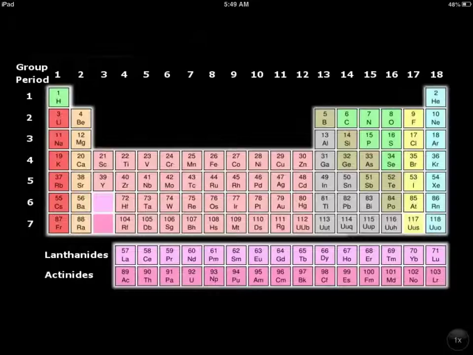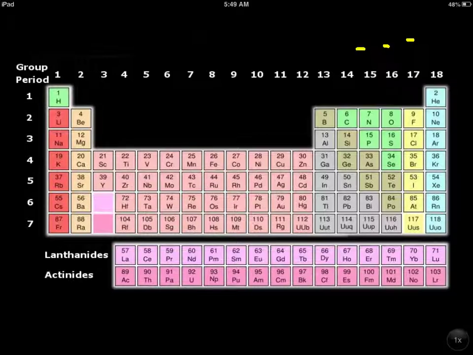Ions are charged atoms. If the atom becomes positively charged, it's referred to as a cation. And if it becomes negatively charged, it's called an anion. Because of the valence electrons, you can predict which groups or families of elements will form which type of ions.